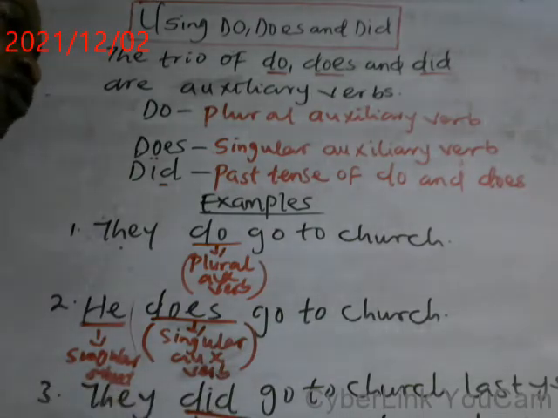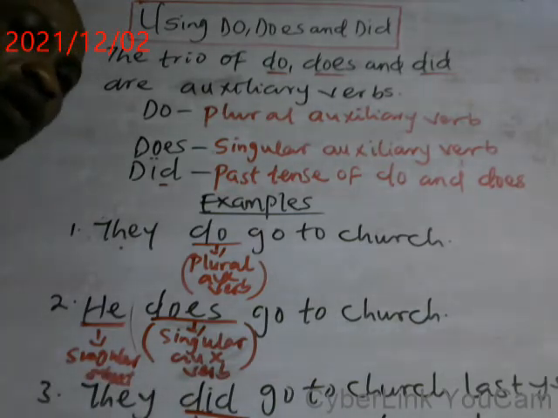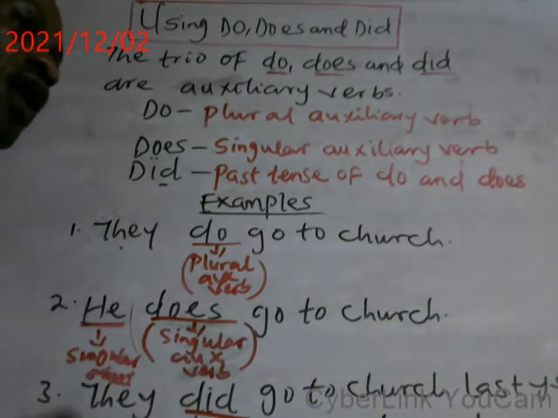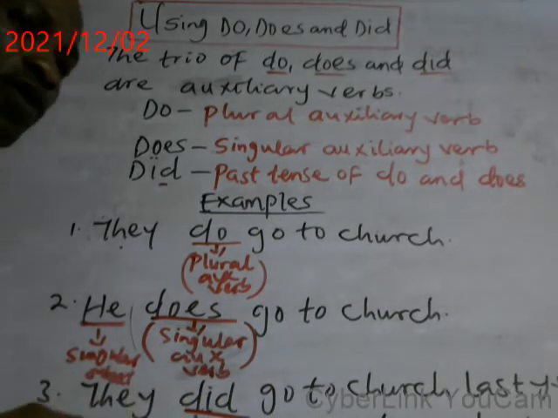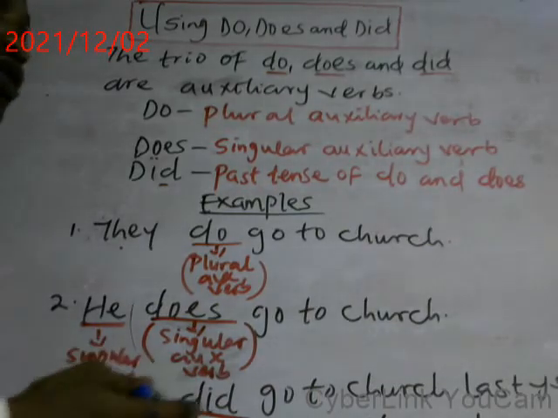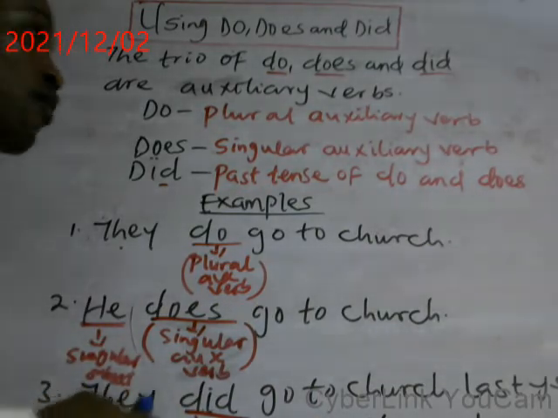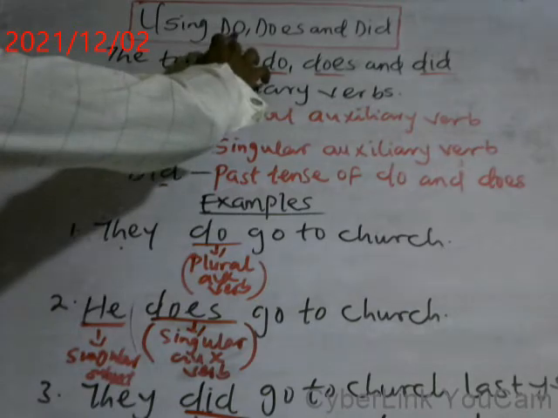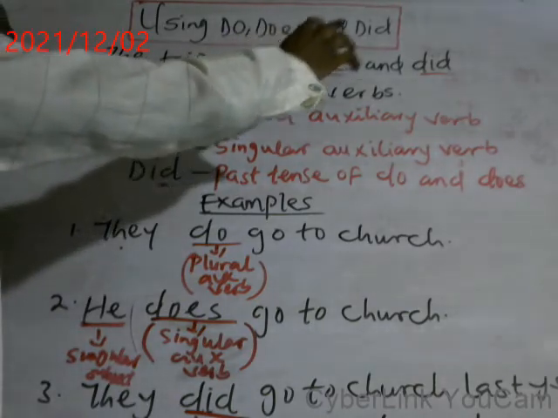Try as much as possible to apply tone of finality, so that your audience, your reader can know at a glance that the actions you are making reference to has already happened, done and dusted in time past. So far so good. That is how to use this set of auxiliary verb, that is do, does, and did.